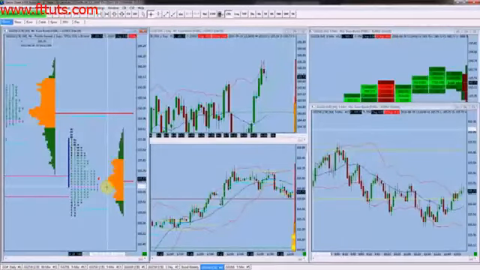That signifies the price point at which the market spent the most amount of time. Nothing else, just time.